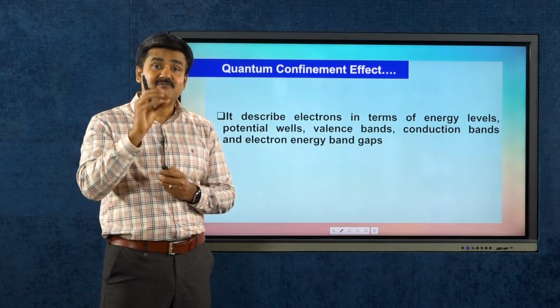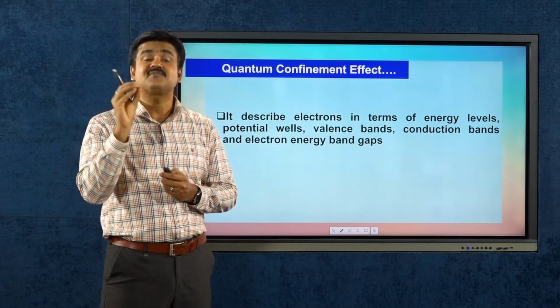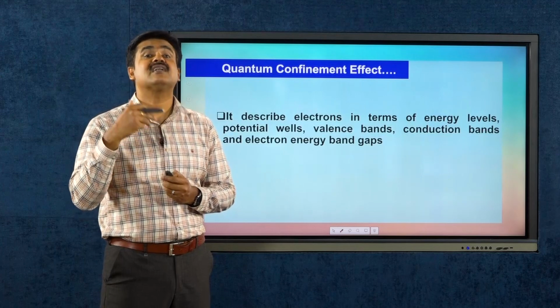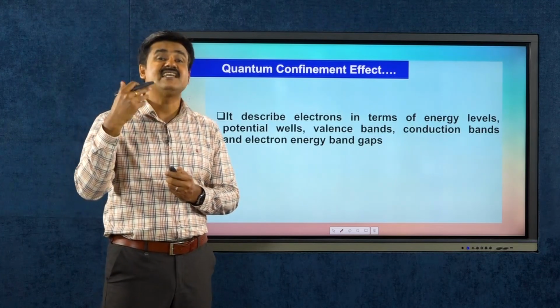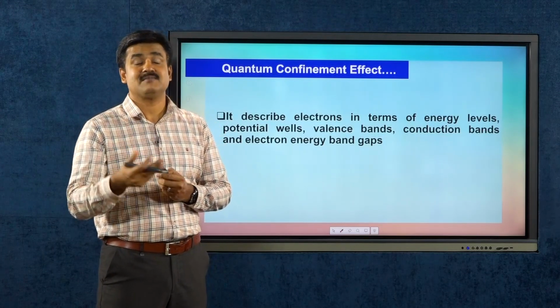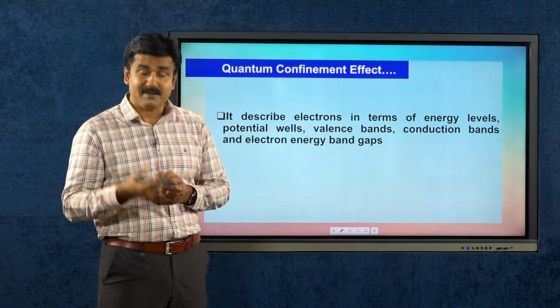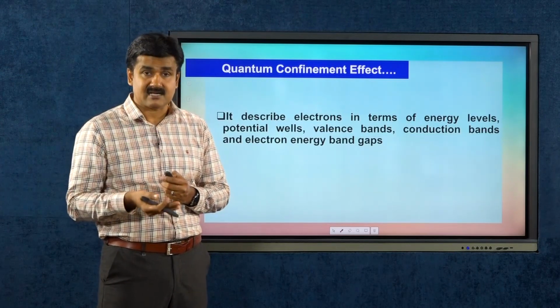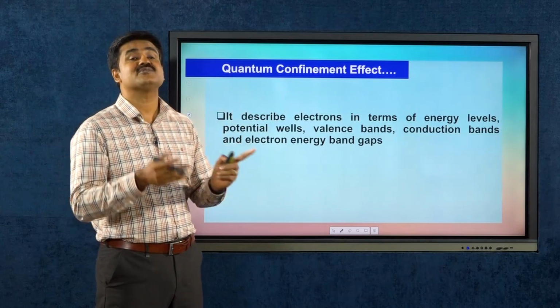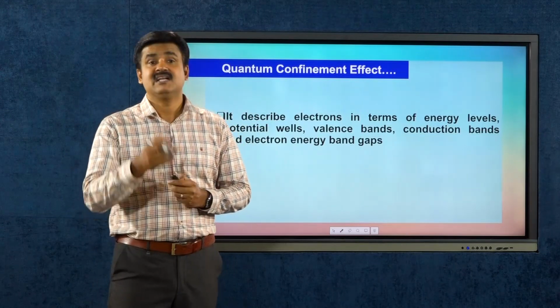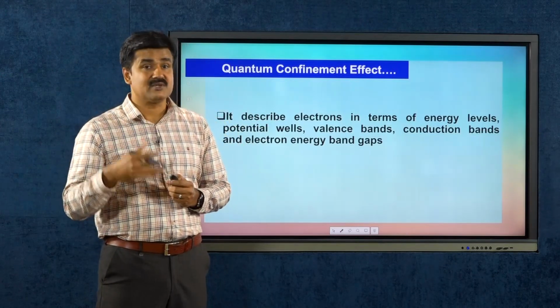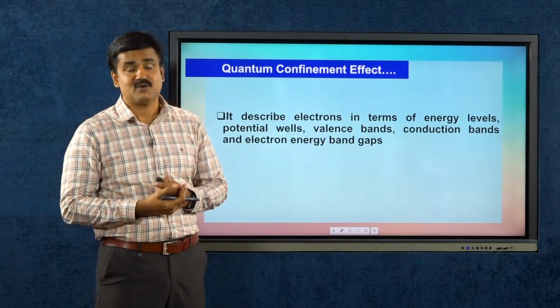That is, whenever you are changing the size of the quantum dot, its color also changes. The change in color with the size is termed size tunable emission, size tunable color. That is a direct consequence of the quantum confinement effect. This we can study in coming modules whenever we are discussing quantum dots, etc.